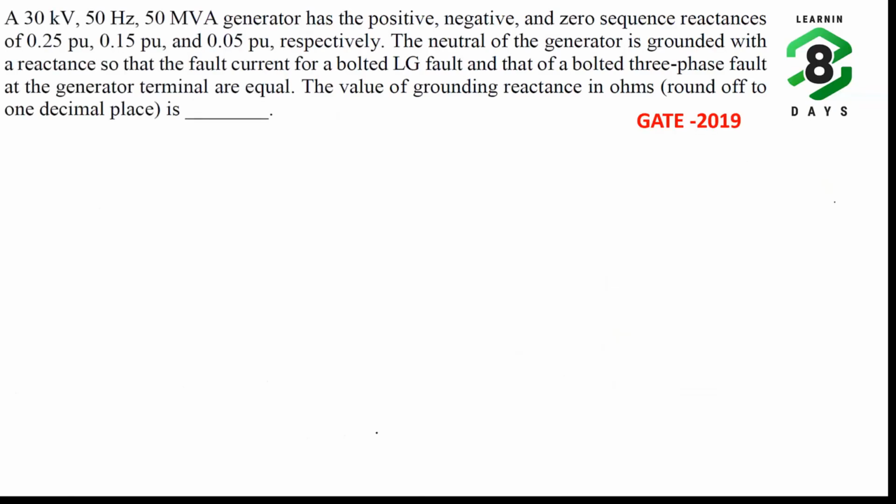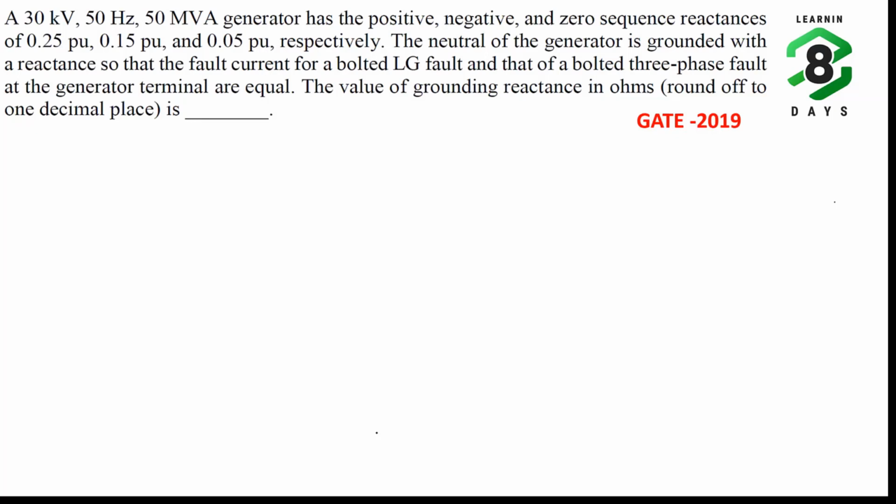So the next question is, a 30 kV 50 hertz 50 MVA generator has positive, negative and zero sequence reactances of 0.25 per unit.